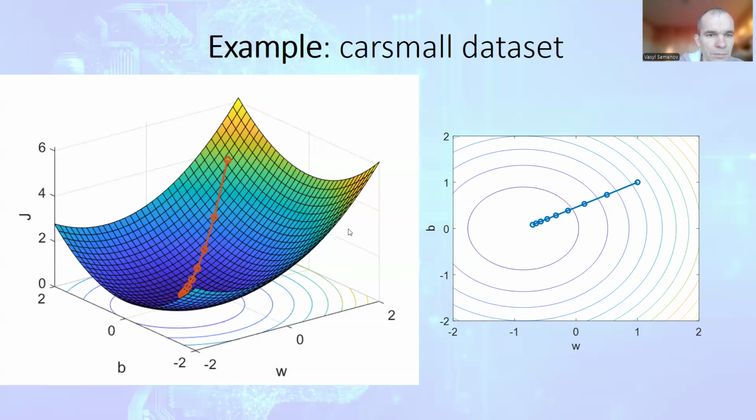Also, just for the sake of comparison, I show here the sklearn built-in linear regression function. Using our training features and training labels, we can compute the values of parameters w and b, and it provides the same result as we have obtained before.